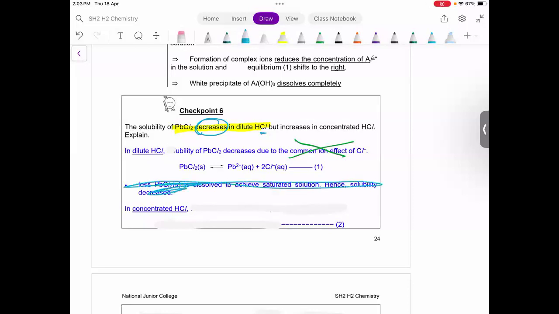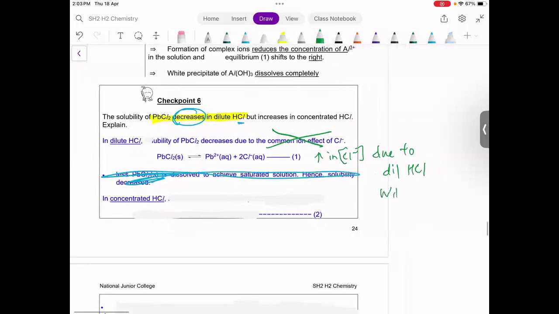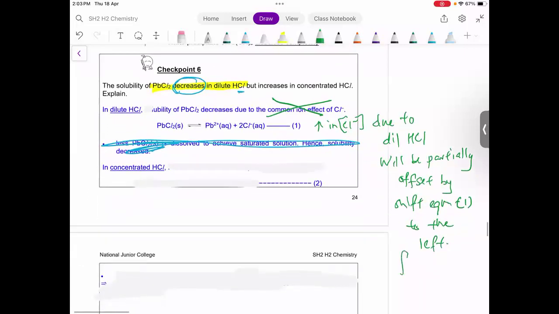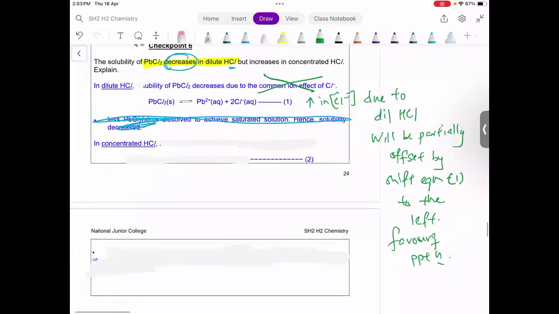In this case, the increase in chloride concentration due to dilute hydrochloric acid will be partially offset by shifting equilibrium 1 to the left, favoring precipitation, so less lead chloride can dissolve.